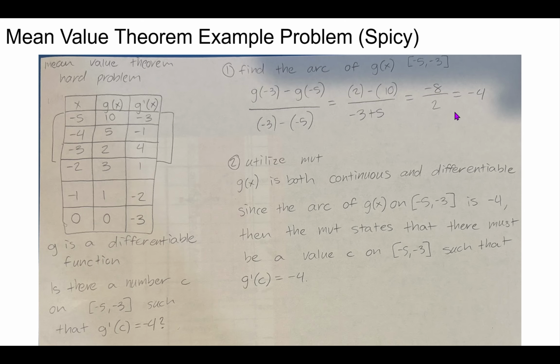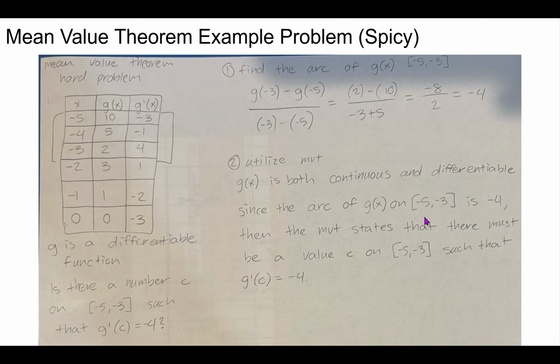So then we can utilize the MVT. Since g of x is both continuous and differentiable on this interval, in the entire table, and since the average rate of change of g of x on this interval is negative 4, then the mean value theorem states that there must be a value c in this interval such that its slope is negative 4.